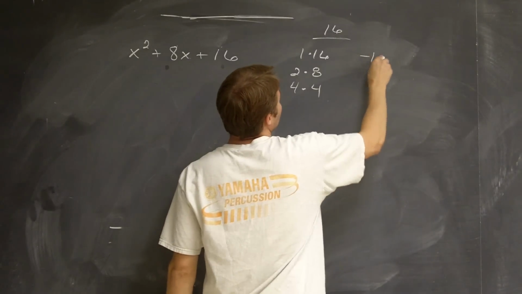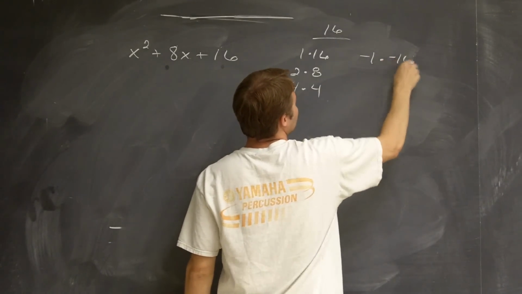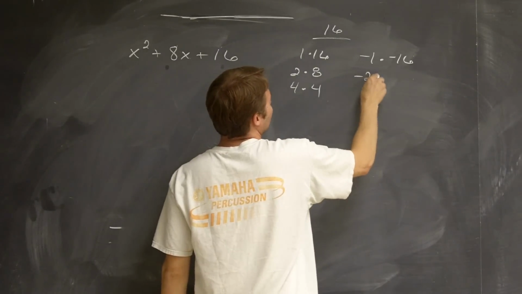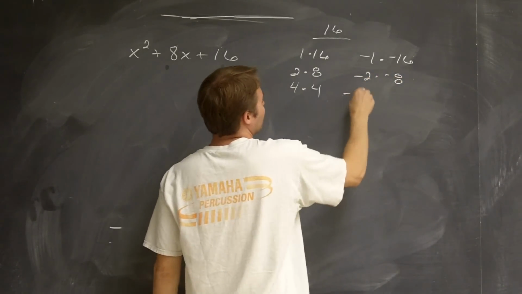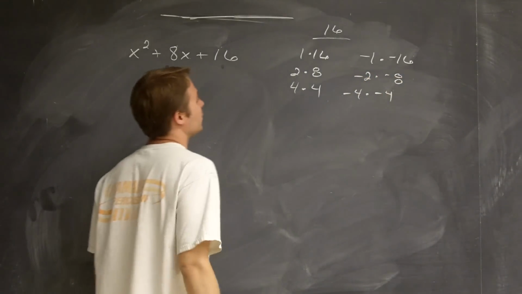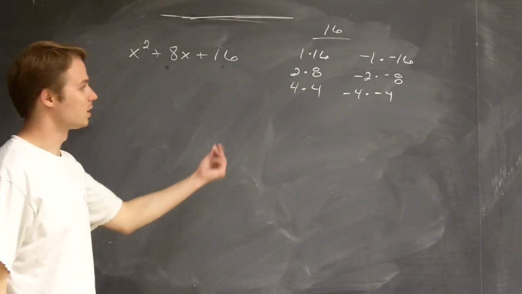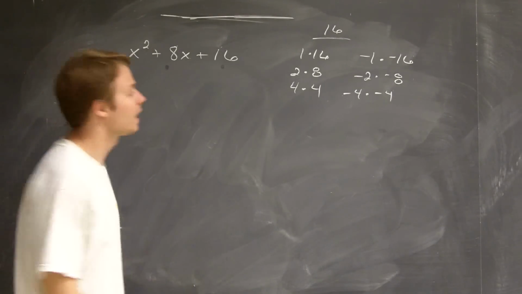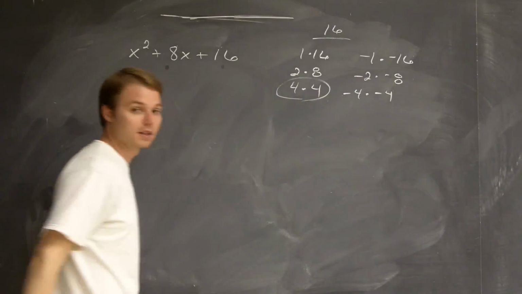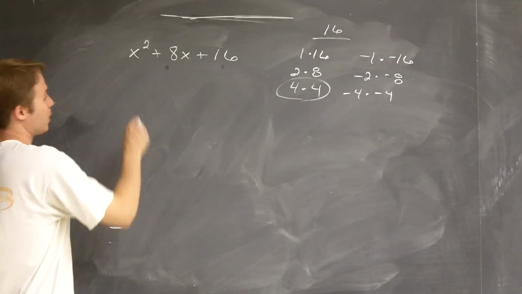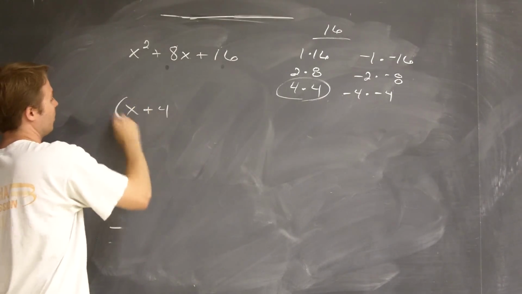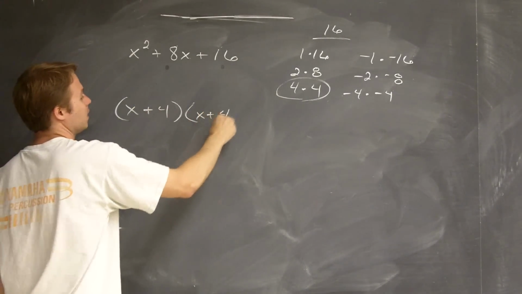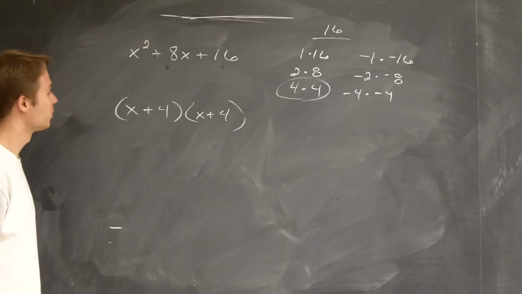Or we could have a negative version, negative 1 times negative 16, negative 2 times negative 8, negative 4 times negative 4. And so I just need to look through these and find which of these add together to be positive 8. And it turns out that it's these two, 4 and 4. So that means that my factorization will come out to be x plus 4, x plus 4.